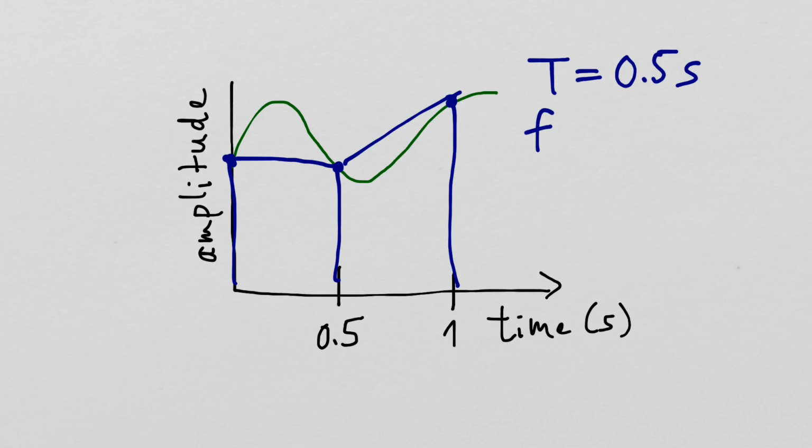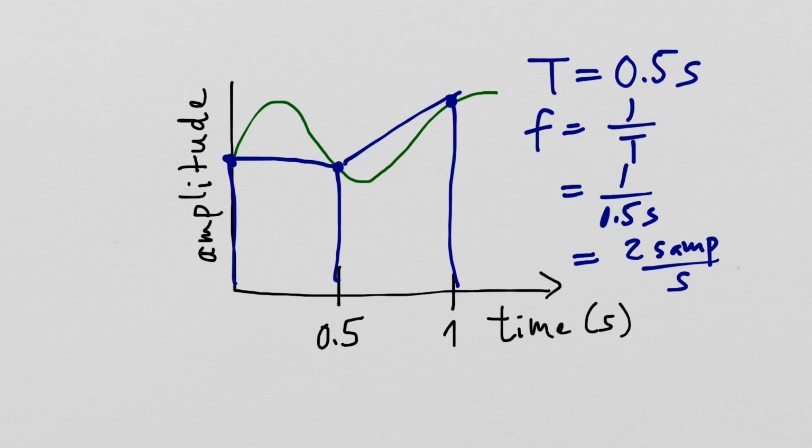So f is 1 over t, and that's going to be 1 over 0.5 seconds, or that is 2 samples per second. So in other words, we have that a sampling interval of 0.5 seconds corresponds to a sampling rate of 2 samples per second.